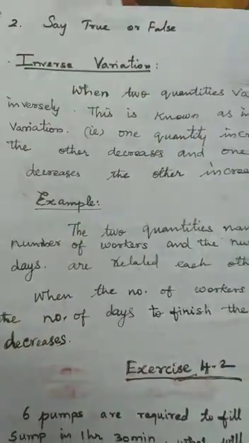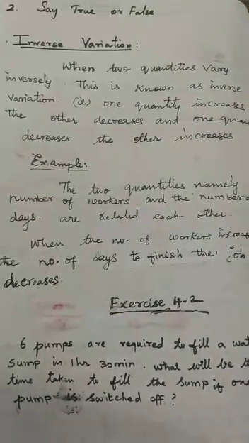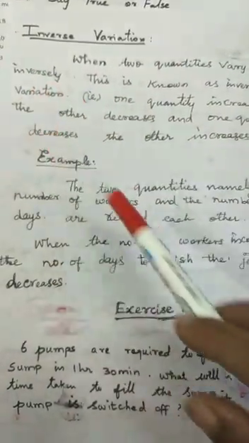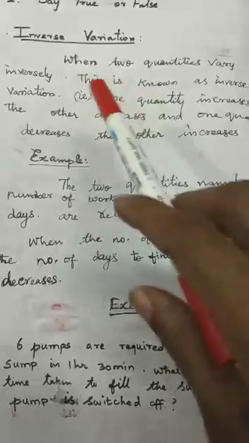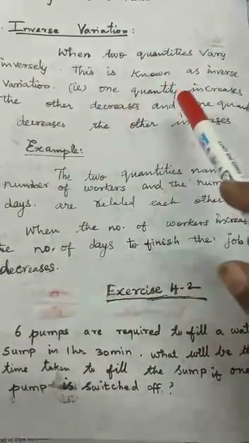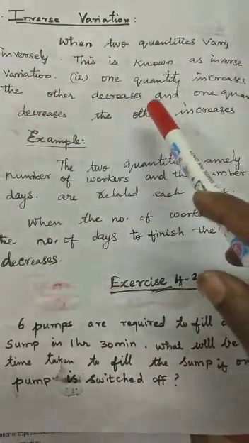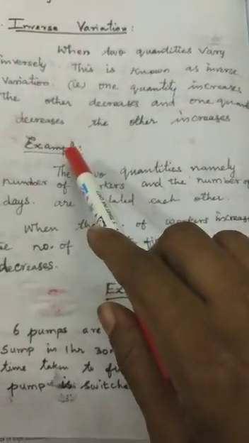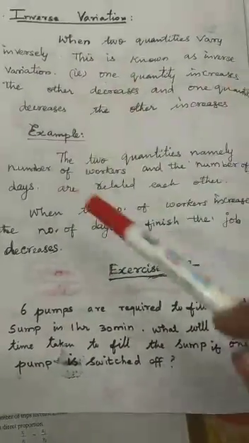Okay. Inverse variation. You can say inverse variation or inverse proportion. When two quantities vary inversely, this is known as inverse variation. One quantity increases, the other quantity decreases. And one quantity decreases, the other quantity increases. How? We shall see one example.